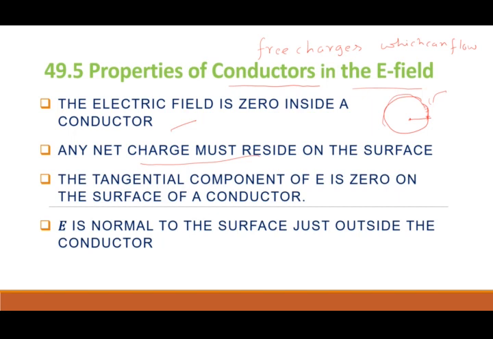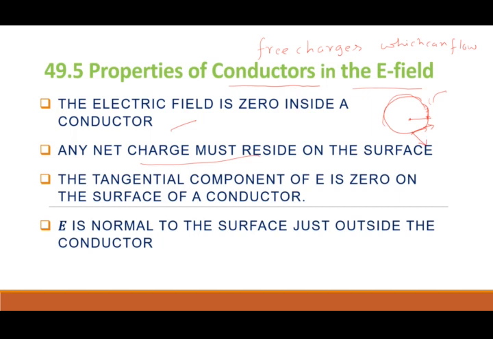The tangential component of the electric field is 0 on the surface of a conductor. Tangential component means, suppose if you come here, if there is an electric field here, then the free charges present here will move. Once again, you won't have any electrostatic situation. Therefore, any electric field present must be in the normal direction.